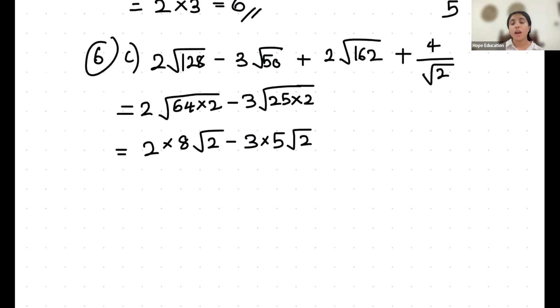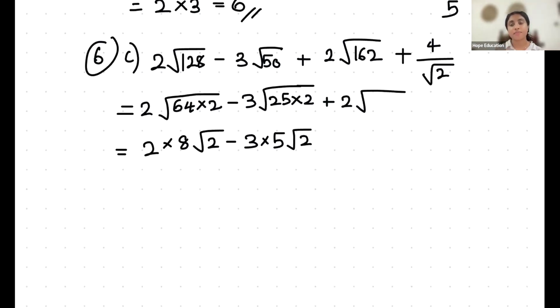Plus 2, I have root 162. So 162 is also an entire surd. What is the perfect square that is inside 162? Think. Okay, I got one answer.